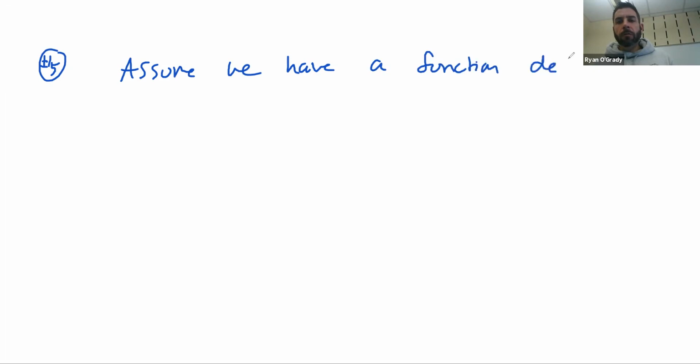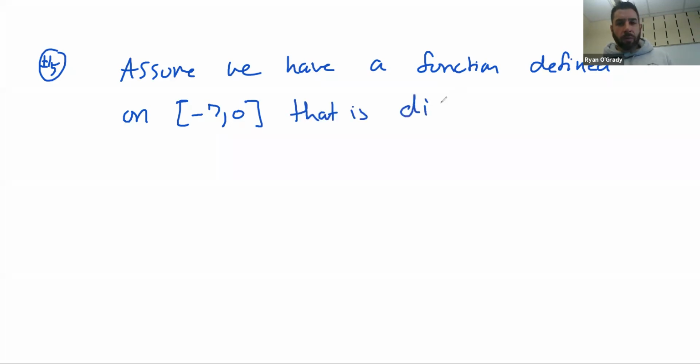So assume we have a function defined on the interval [-7, 0] that is differentiable. And by the way, if you're differentiable, you're also continuous.